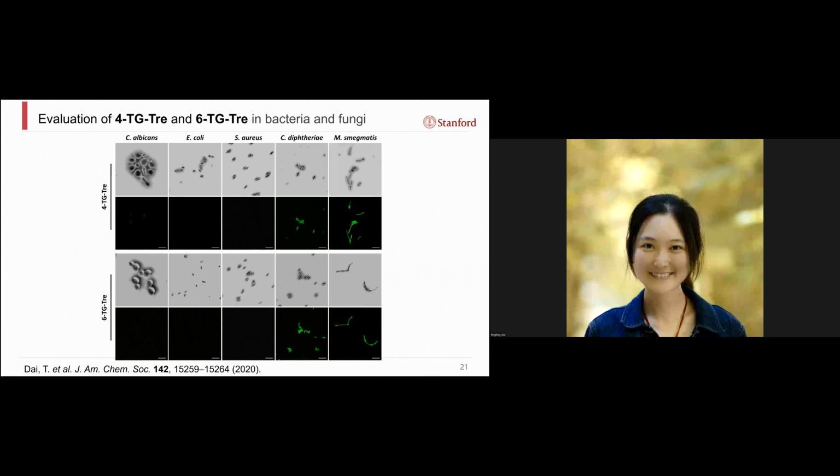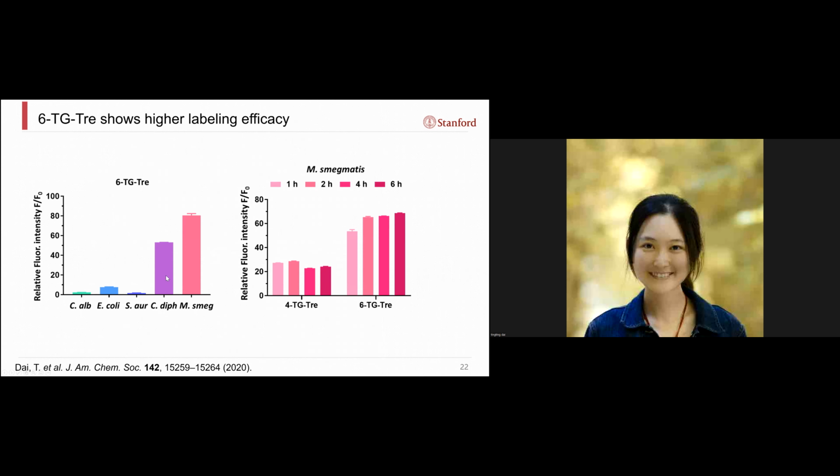It also shows that the trehalose probe alone is not specific, because if you have the cell wall structure, you show the signal. Further, we quantified the signal with flow cytometry, and we also demonstrated that within 2 hours the labeling efficiency reaches its highest. And also the 6th position gives you the highest labeling efficacy.